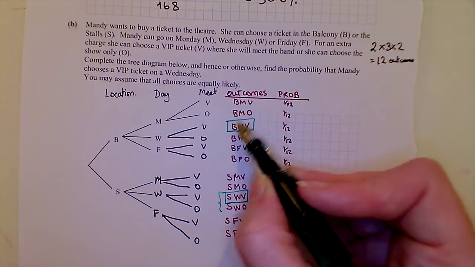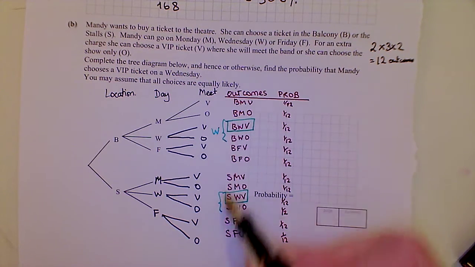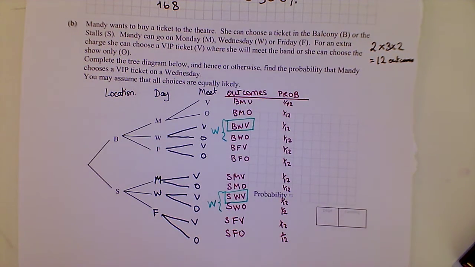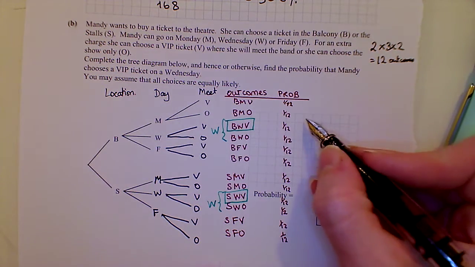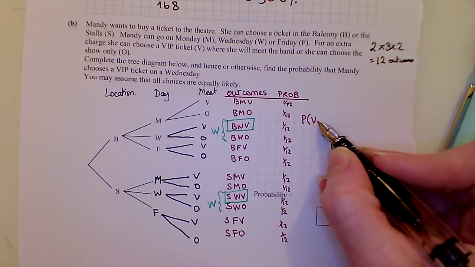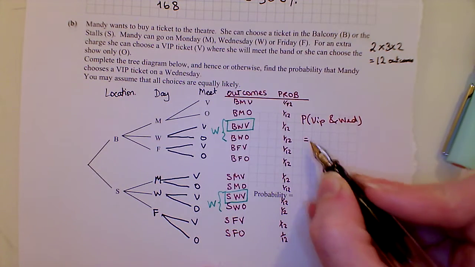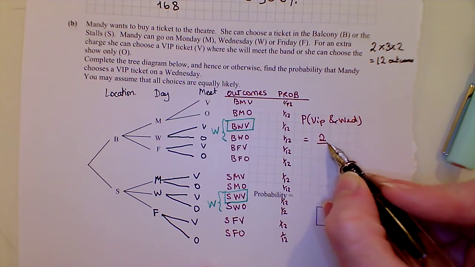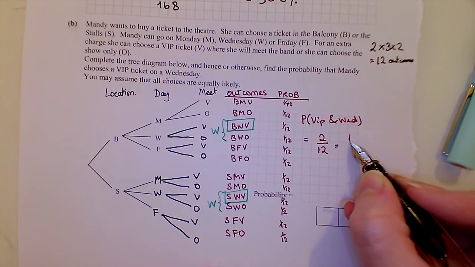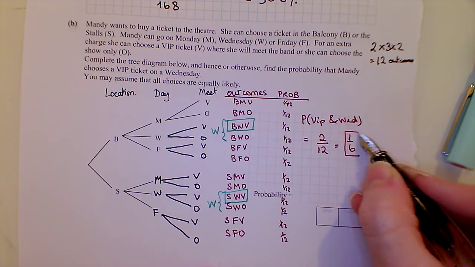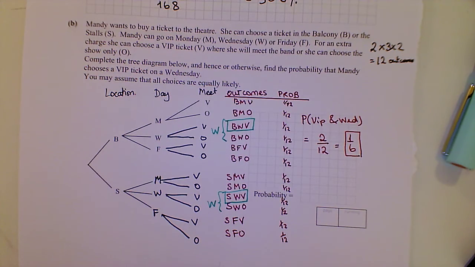These guys are the Wednesday options. So there are 2 out of the 12 options there. So the probability of being VIP and Wednesday is 2 out of my 12 options, which is 1/6.